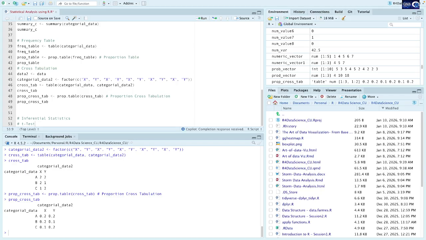So the test statistic, as you already know, is basically the observed difference minus the expected difference divided by the standard error. That is what we put in the equation: x bar minus mu divided by s by root n. So it is actually the observed difference minus expected difference divided by standard error.